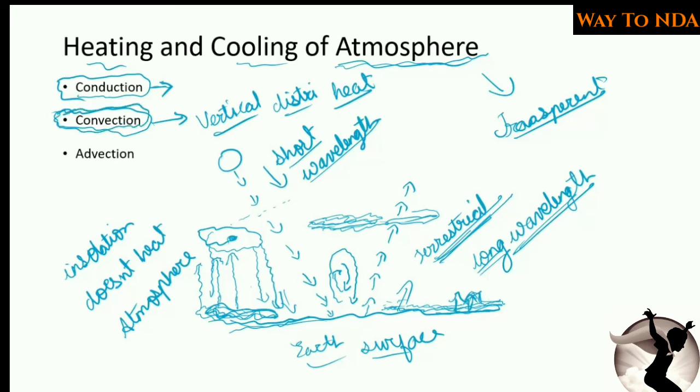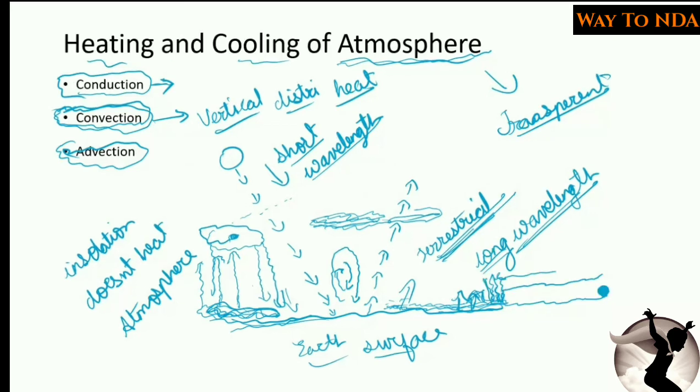But what about the horizontal? So the same thing applies in the horizontal distribution also. How? For example, the transfer here, so in this way the heat will be distributed horizontally. Okay, and this is called advection, that is the horizontal distribution of the heat.